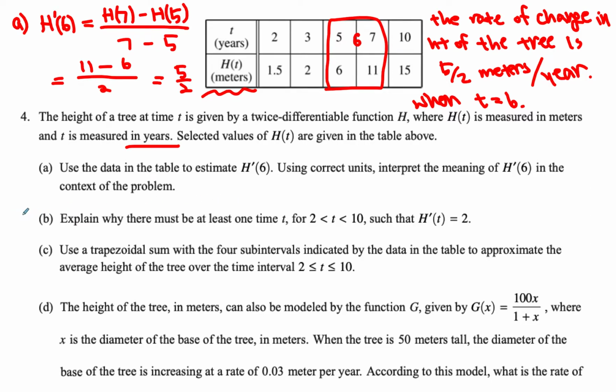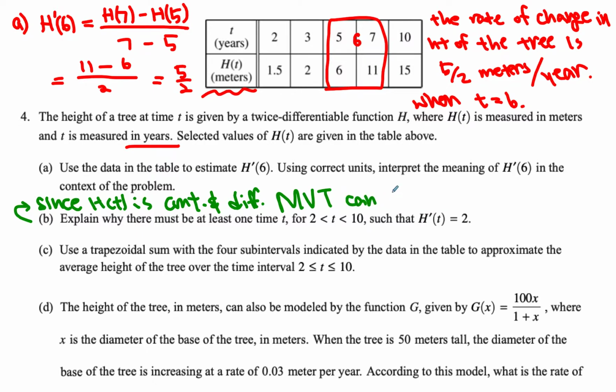To write down the solution for B, I'm going to write it right over here. Since h of t is continuous and differentiable, the mean value theorem can be applied.